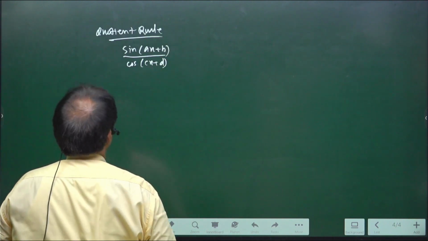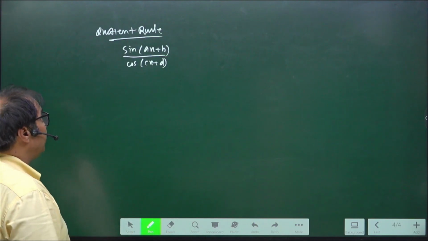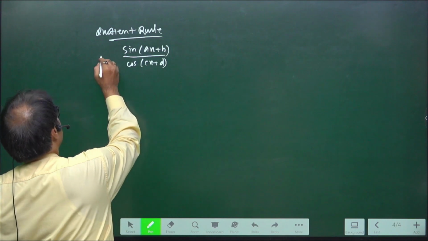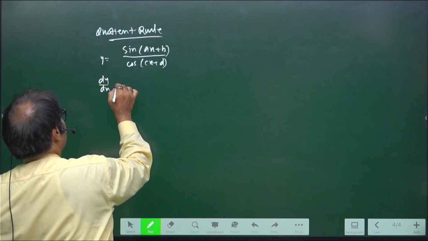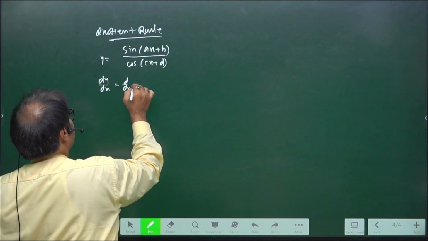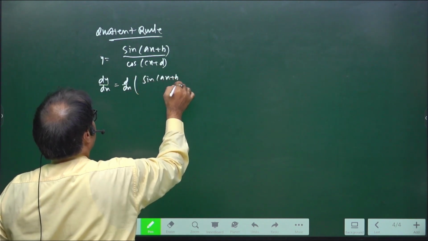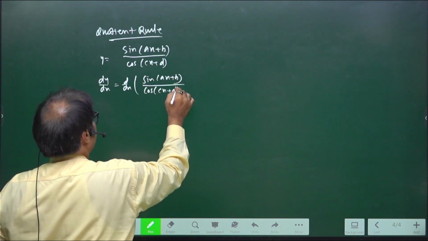So this question is in the form of a fraction, so we will apply the quotient rule. Say it is y. So dy by dx is equal to d by dx of sin ax plus b divided by cos of cx plus d.